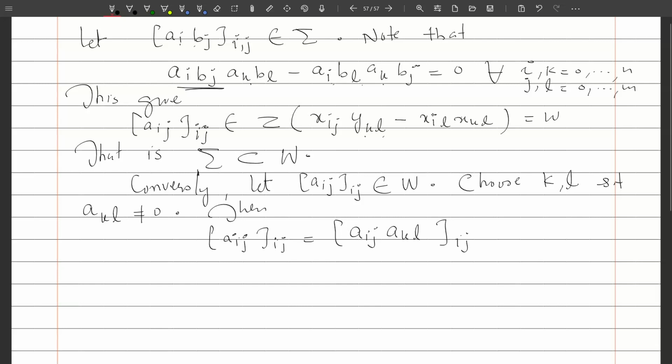One should note that this a_ij lies inside W, so that means this a_ij a_kl also lies inside W. So this is a zero of this polynomial equation.